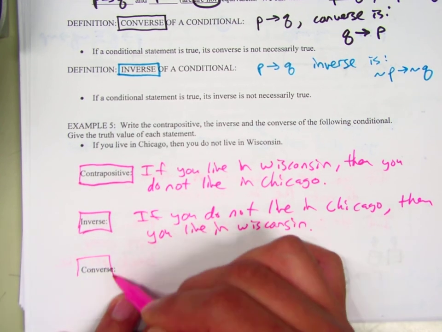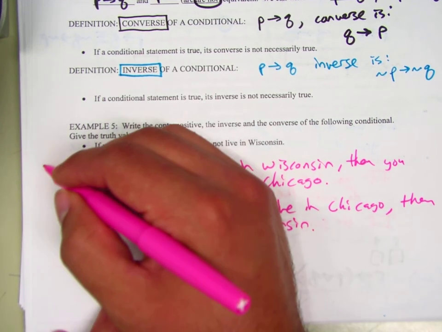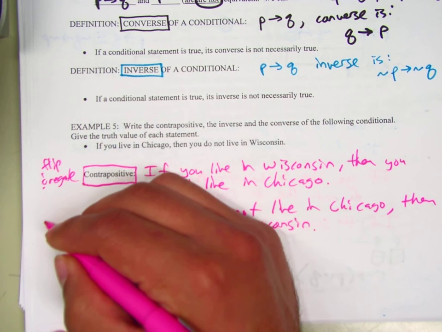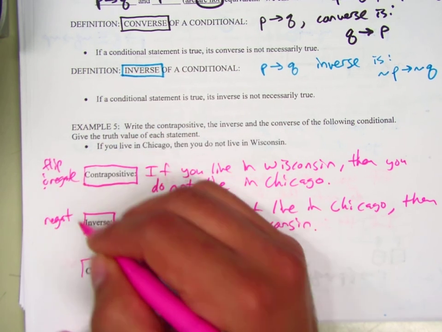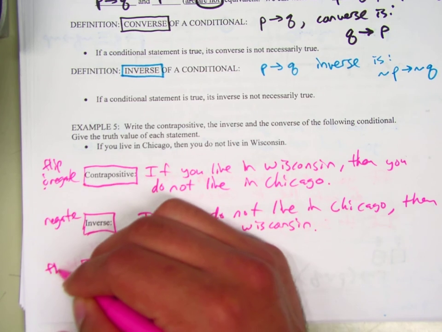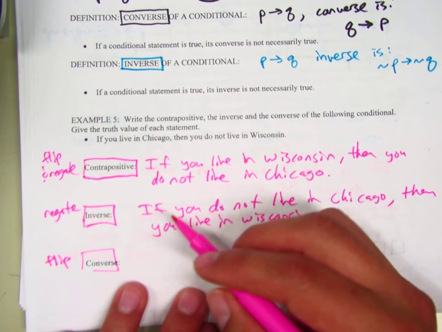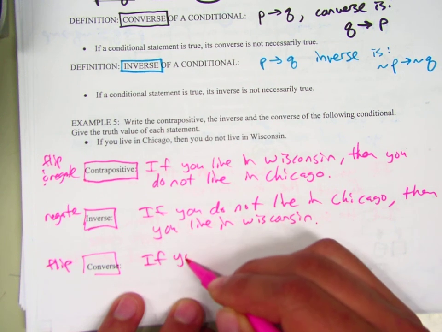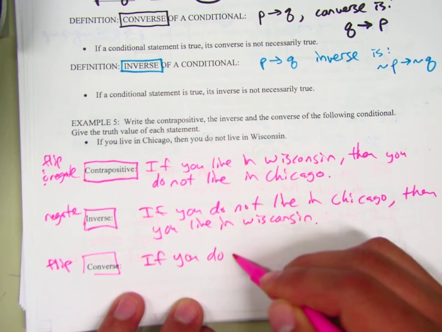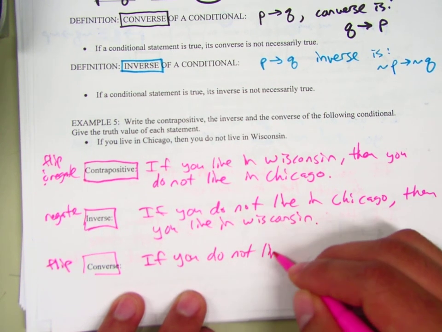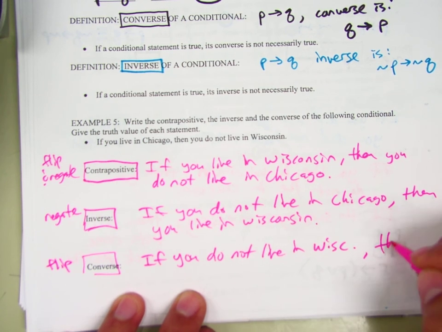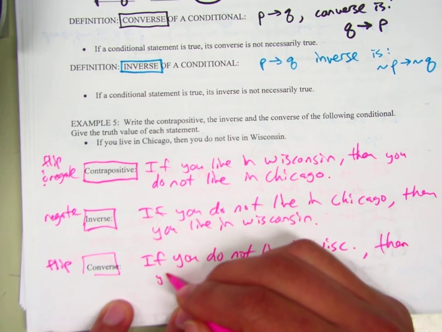Okay, the converse, last one. So here we flip and negate. Here you just negate. Here you just flip. So the final sentence would be, instead of if you live in Chicago, we would start with if you do not live in Wisconsin, then you live in Chicago.